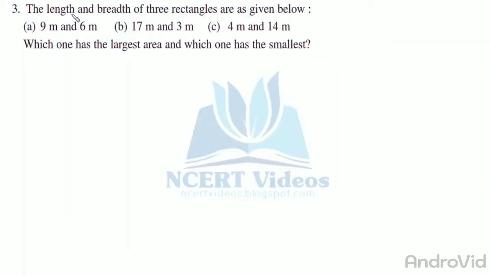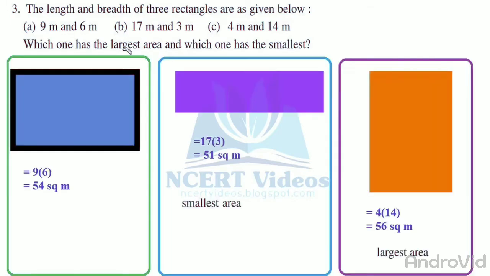Third, the length and breadth of 3 rectangles are as given below: 9 meter and 6 meter, 17 meter and 3 meter, 4 meter and 14 meter. Which one has the largest area and which one has the smallest? So we will find the areas of the following rectangles, and we will find which one is smaller and which one is larger in terms of area.